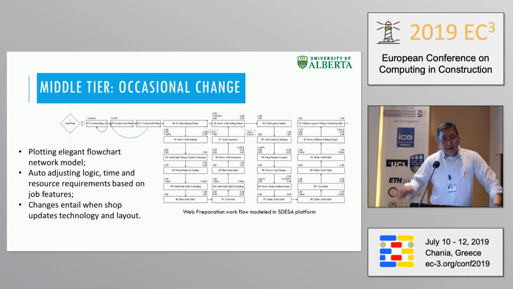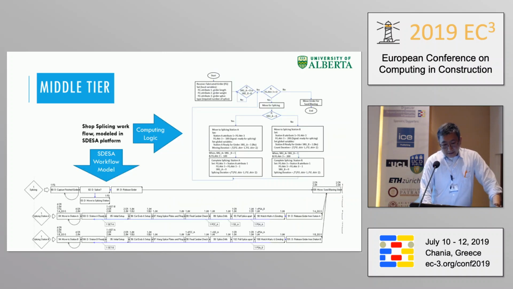Over a 5 to 10 year time span, with the same technology, this part remains intact. Here is one example for the field splicing technology I just described. We could actually represent it very nicely in STISA to account for all the logical constraints.